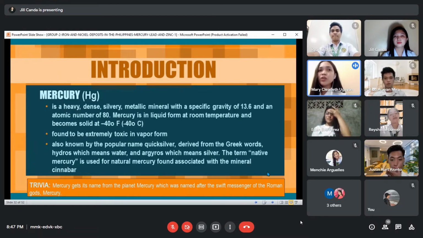And mercury is also known by the popular name quicksilver, derived from the Greek words hydros, which means water, and argyros, which means silver. The term native mercury is used for natural mercury found associated with the mineral cinnabar. And just a trivia, mercury gets its name from the planet Mercury, which was named after the swift messenger of the Roman gods, Mercury.